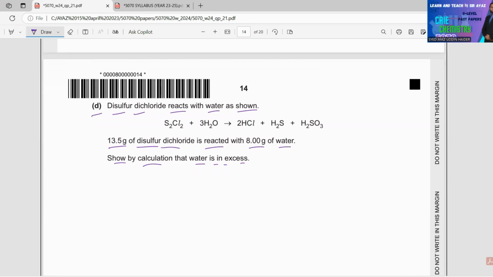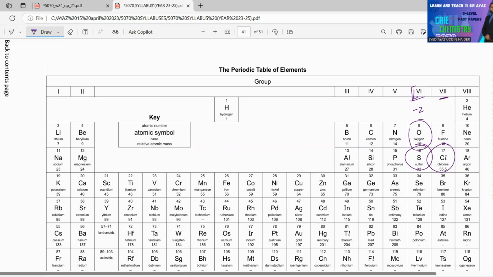So, I need Mr of both the compounds here, S2Cl2 as well as H2O. So, Mr of S2Cl2, sulfur is here, 32 is its mass number.